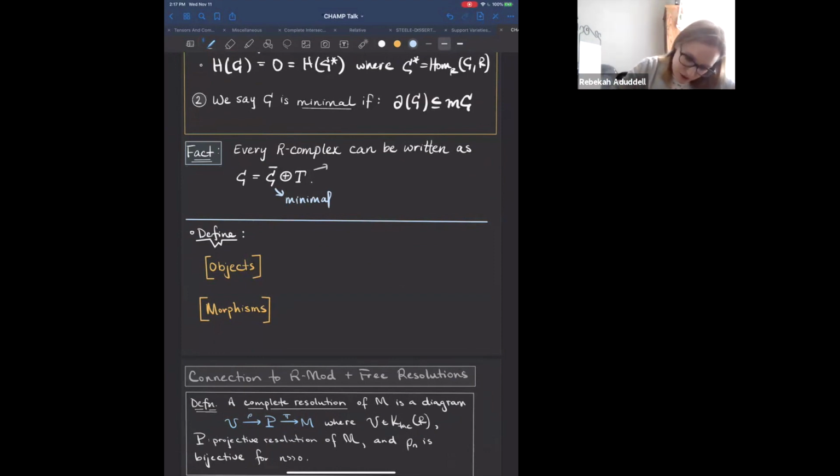A trivial or contractible complex will be the second summand, and what we mean is the identity is null homotopic.